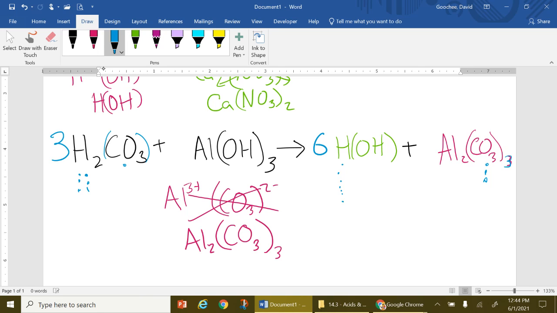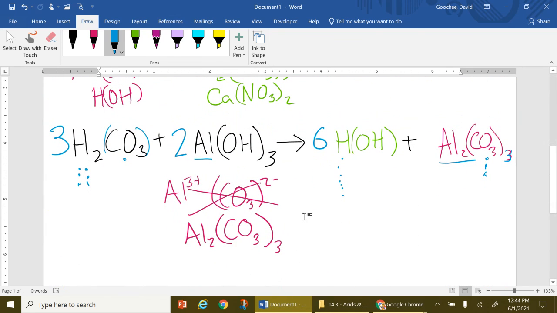All right, we've got 1 aluminum here and 2 aluminums there. So we got to put a 2 in front to get the aluminums to balance out. All right, that gives us 2 aluminums right here. And it gives us 2 times 3, 6 hydroxides. And oh, look, we happen to have 6 hydroxides on this side as well.